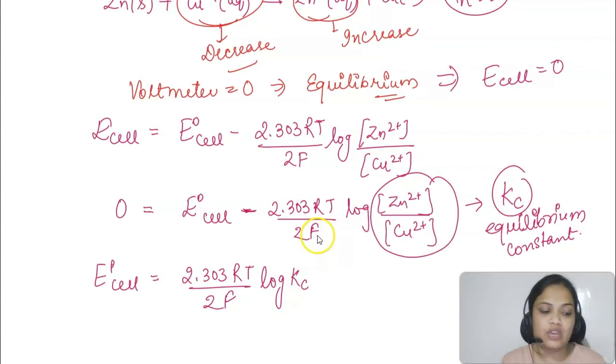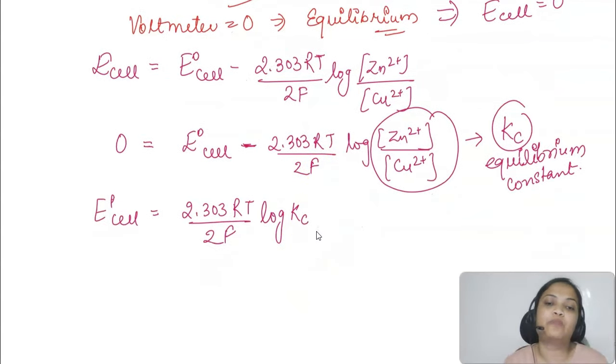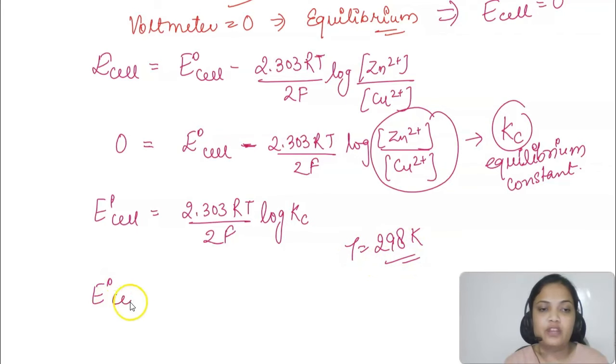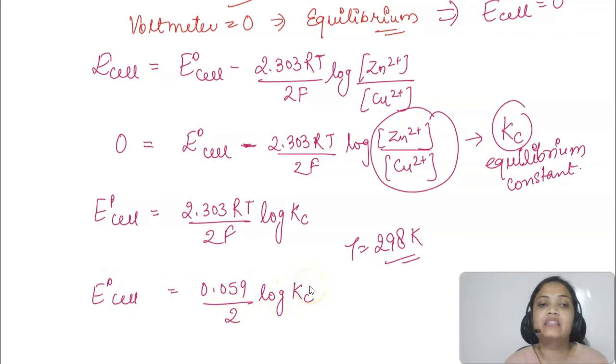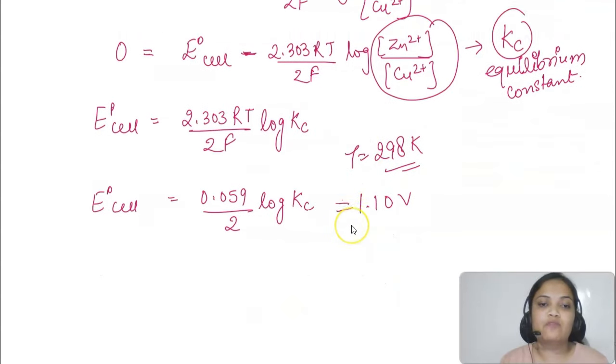Again at the temperature 298 Kelvin, by putting the values of R and T, the value of E naught cell would be 0.059 upon 2 log Kc, right? And this E naught cell has been calculated to be 1.10 volts. We have just calculated it now, remember, 1.10 volts.